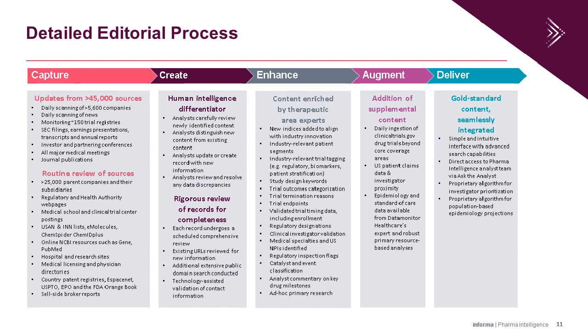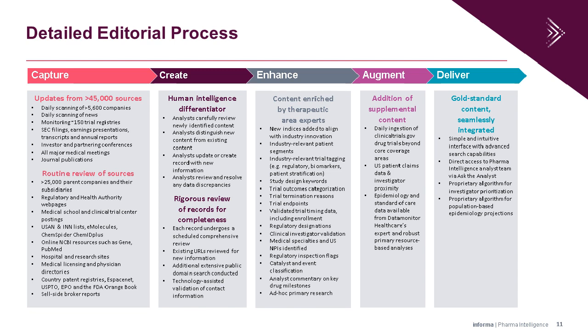We create it with human intelligence then. So we add a lot to it. We review it with human eyes that have experience in building these things. I think we have about 1,000 years of experience on the team. And it's a very rigorous process to make sure that the data is all accurate, timely, and has depth to it. We then enhance it with additional things such as endpoints or patient segmentations.